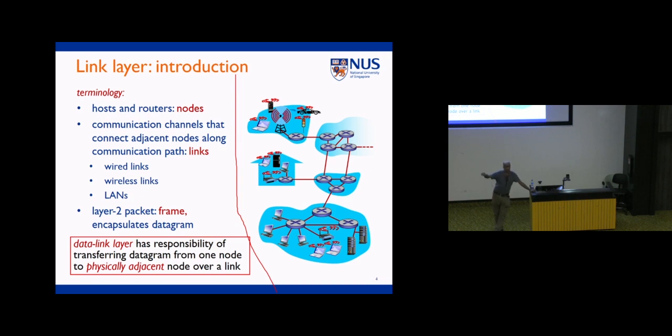A node may have many different links coming in, right? So if you think of this as a node, it has a cellular link, it has a Wi-Fi, it has a Bluetooth, right? So those are all what we call links. So links are the communication channels through which we can exchange data with somebody else. So we have links and then we have nodes, and these links can be of different types, right?